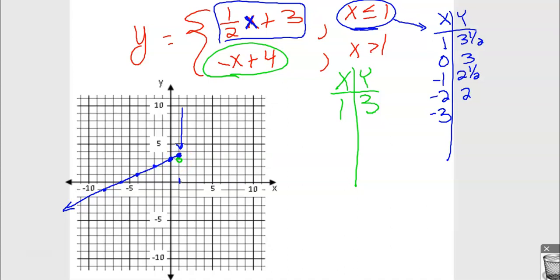And then from there, you're just going to go down 1, over 1, down 1, over 1, down 1, over 1. So they're both lines in this case. And notice you have a closed circle and an open circle at 2 different locations. That's how you graph a piecewise function.